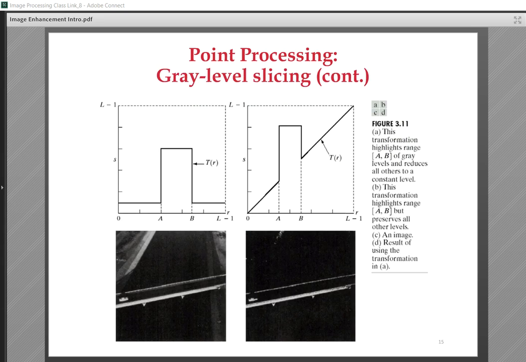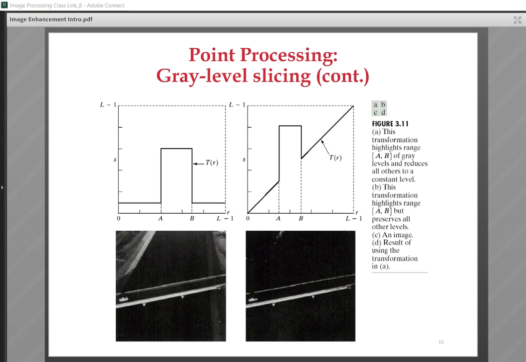All other ranges are unchanged, but between gray level A and gray level B we have more brightness, but fixed. This is the second approach in gray level slicing. Go to the next slide.